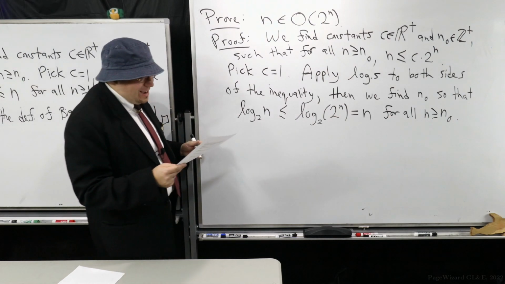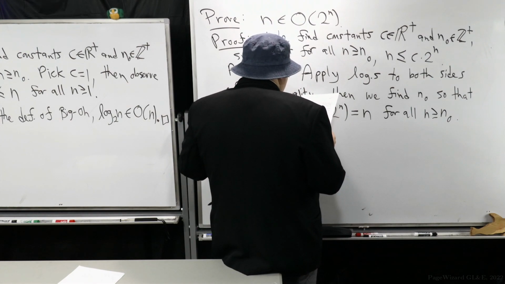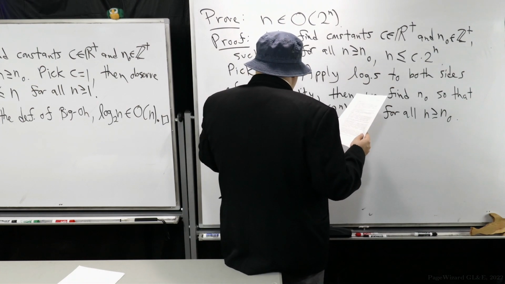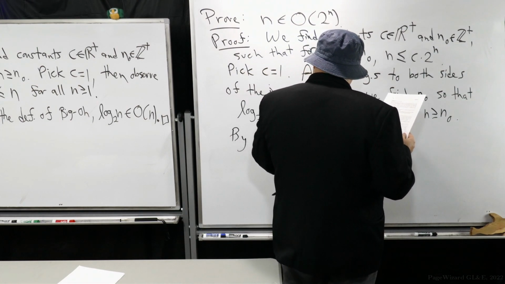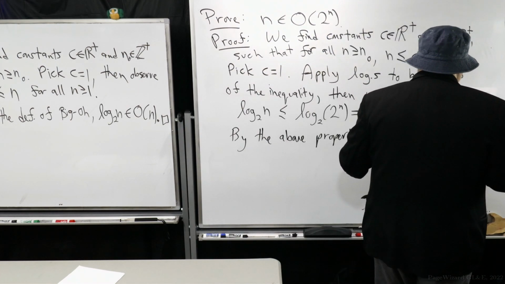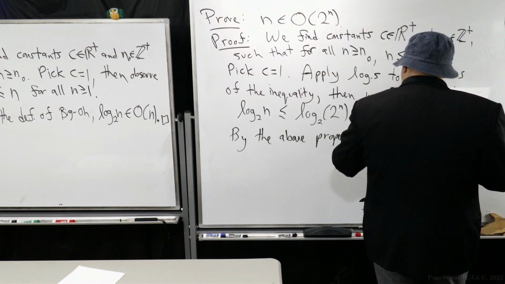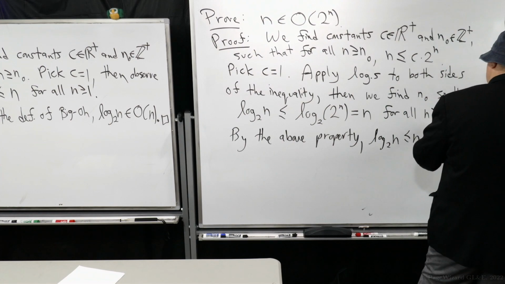So let's just say that. By the above property, log base 2 of n is less than or equal to n for all n greater or equal to 1.